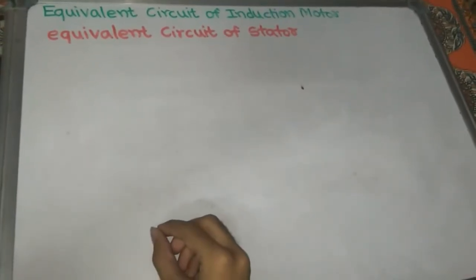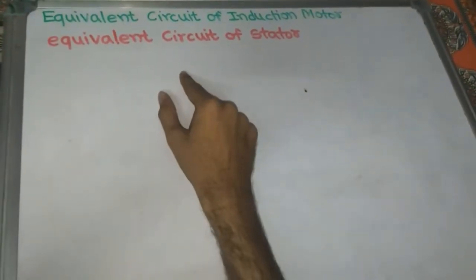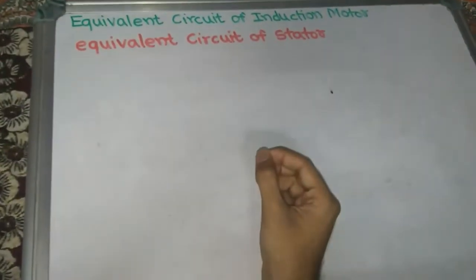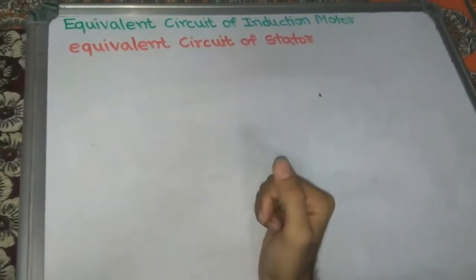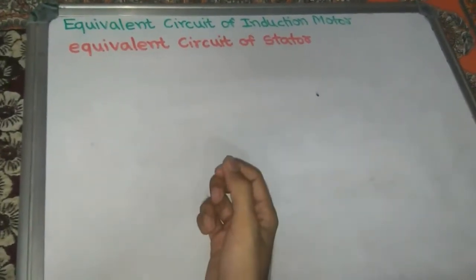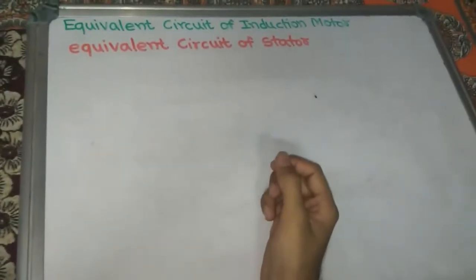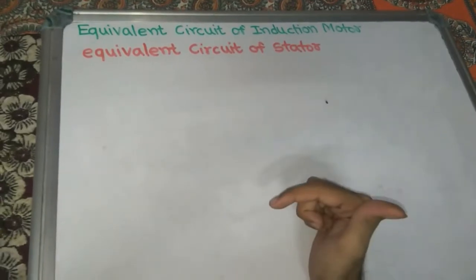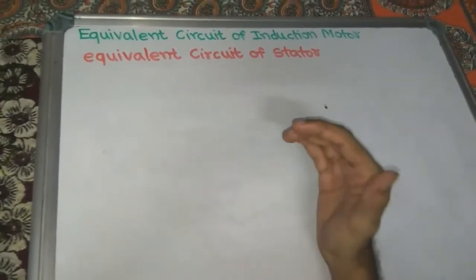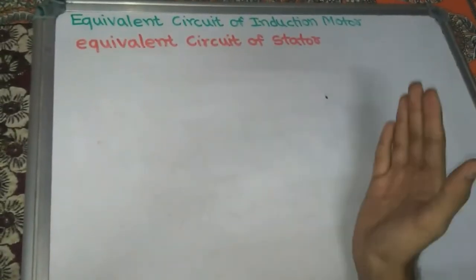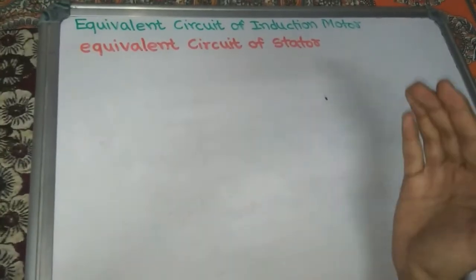Today in this episode we are going to discuss the equivalent circuit of three-phase induction motor. One thing you must note is that a three-phase induction motor acts as a generalized transformer, because if three-phase AC supply is given to the stator winding, a rotating magnetic field is developed, and due to that resultant flux, EMF is induced in the rotor winding and it produces current.